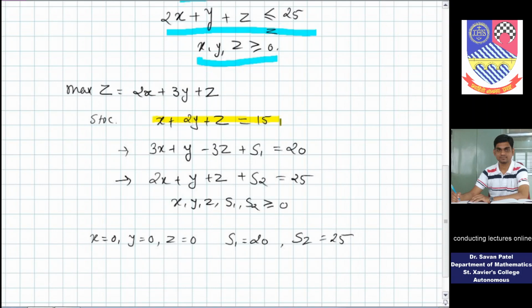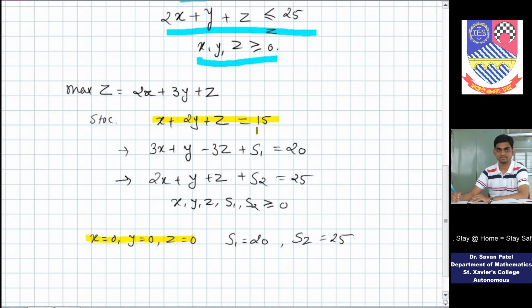It means something is wrong. So we cannot proceed in this way, means by taking just x, y, z 0, we cannot start. So to get an initial basic feasible solution in the case of equality, we have to find the basic solution either by some other method, or we can go for an artificial variable.